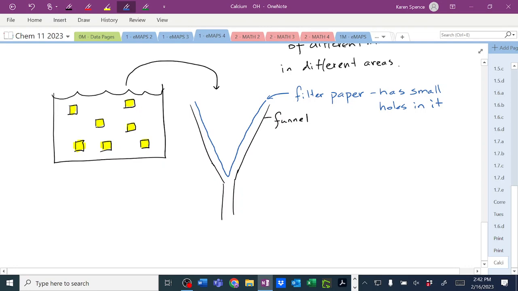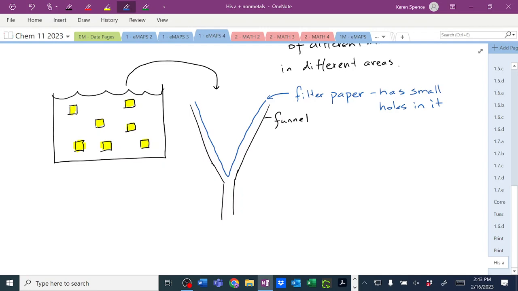I would like you to imagine that the holes in the filter paper are about this big. Okay, can you hold up your hands like that? That's about the size of the holes in the filter paper, at least our imaginary filter paper, okay? I can't do this and hold this at the same time, so you're going to have to imagine the other half of the hole. Can you imagine that? The other half is still there, okay?